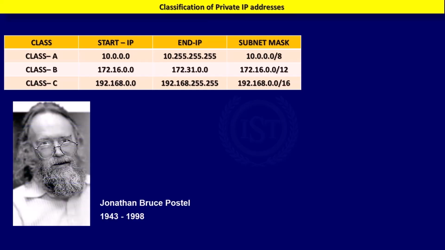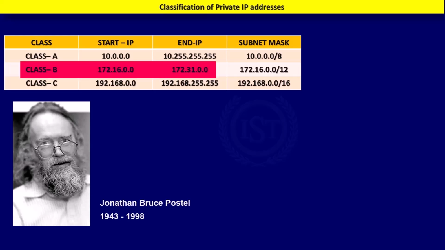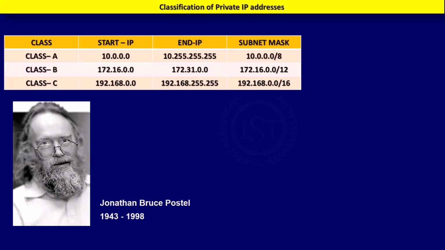And this guy, Mr. Jonathan Bruce Postel or John Postel, has designed or classified these IP addresses into different classes. Particularly Class B is annoying for most of the people because newbies don't remember this Class B range 172.16.0.0 to 172.31.0.0, and nobody knows why he has chosen the private IP address range starting and ending IP addresses as shown over here.